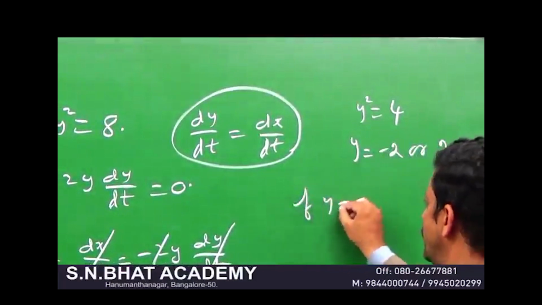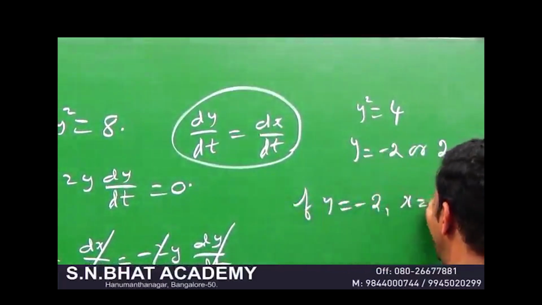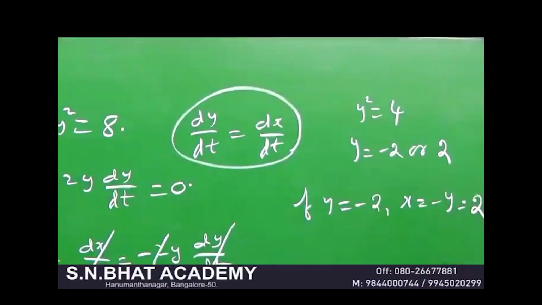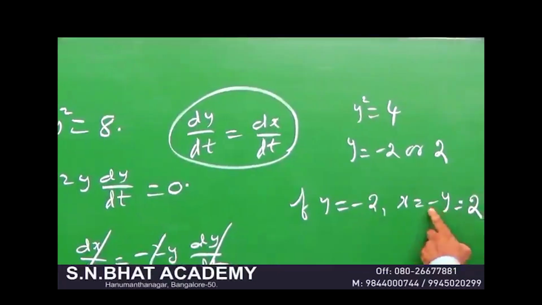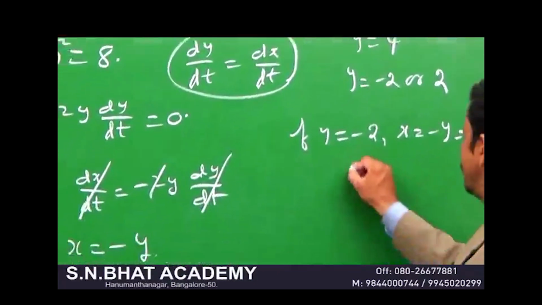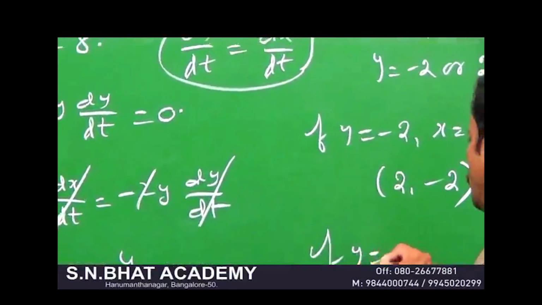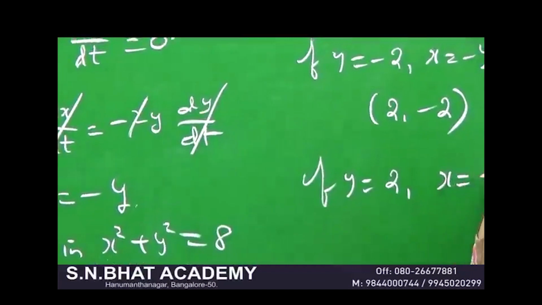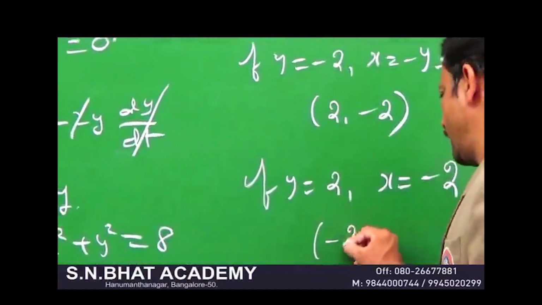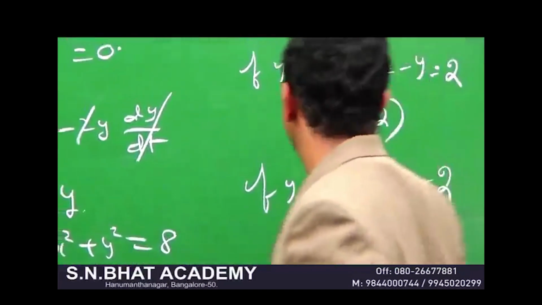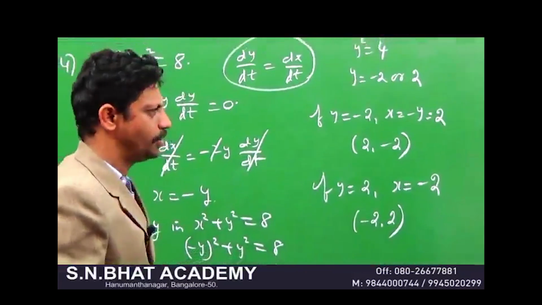If y is equal to minus 2, x is equal to minus y, that is 2. In that case, the point is 2 comma minus 2. If y is equal to 2, then x is equal to minus 2. In that case, the point is minus 2 comma 2. So the answer is 2 comma minus 2 or minus 2 comma 2.